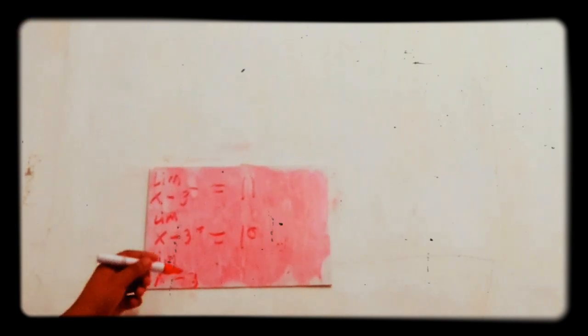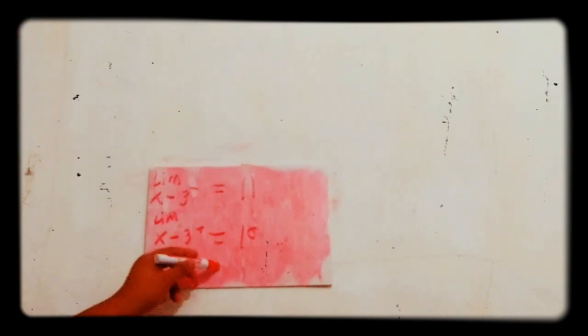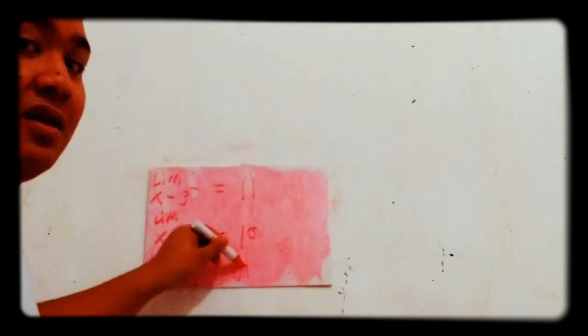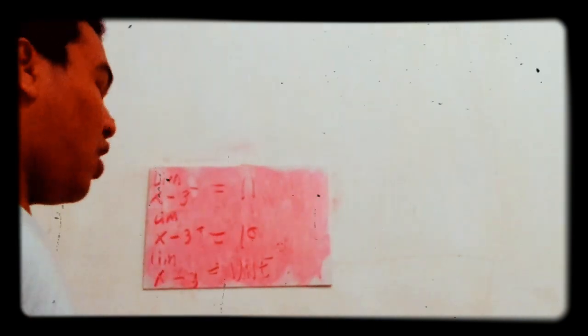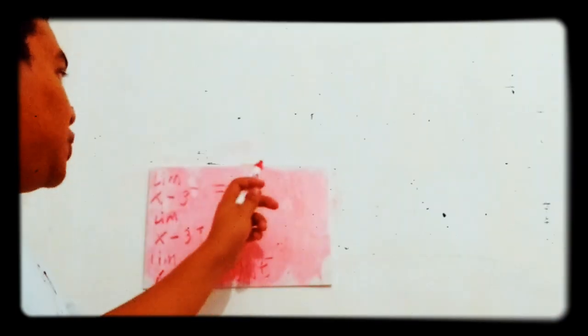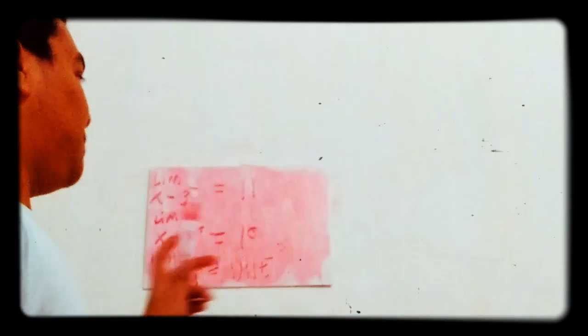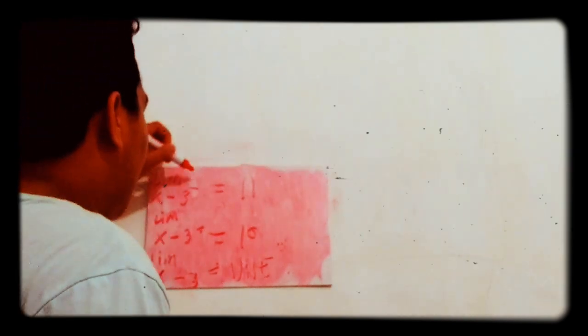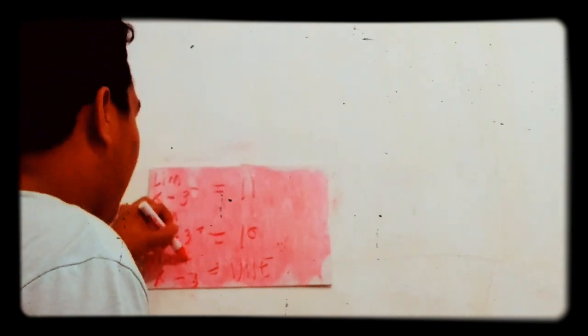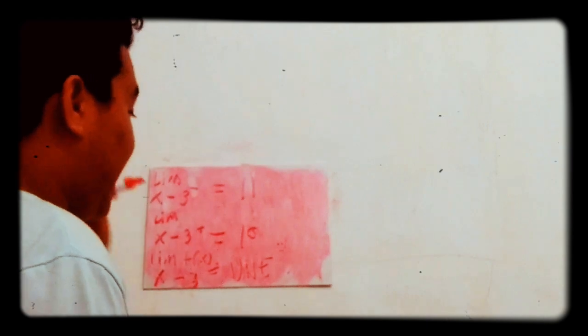Limit x approaches 3 is DNE, because if the two answers are not the same, you should put DNE, and don't forget to put the f of x at the end.